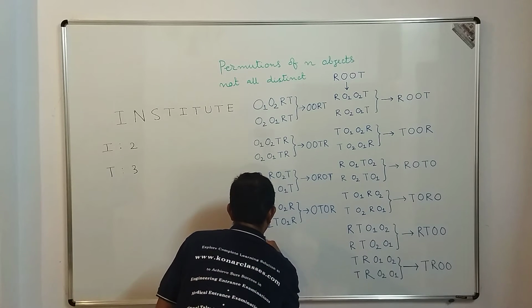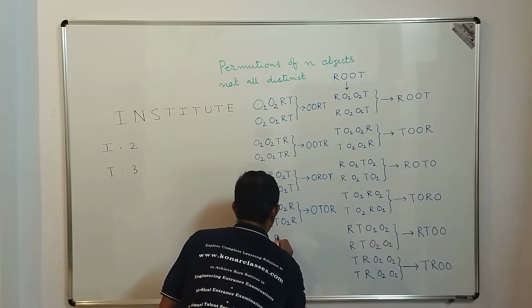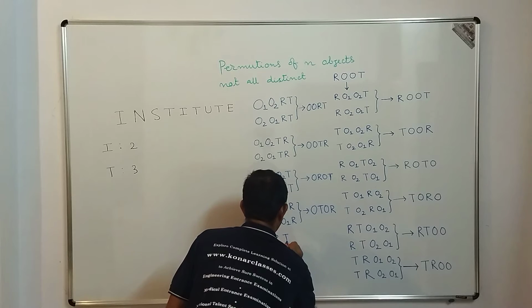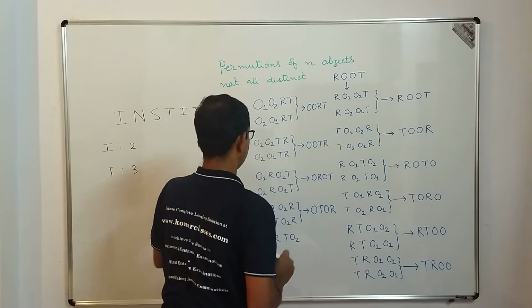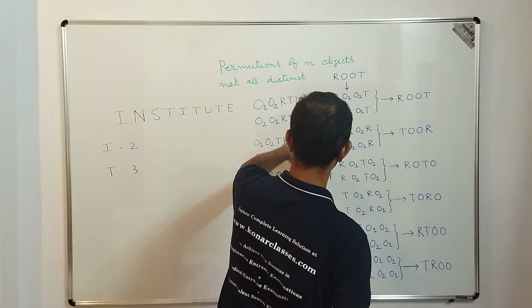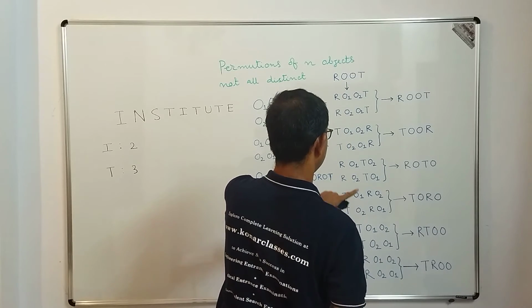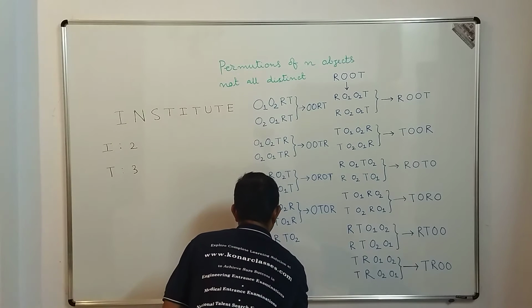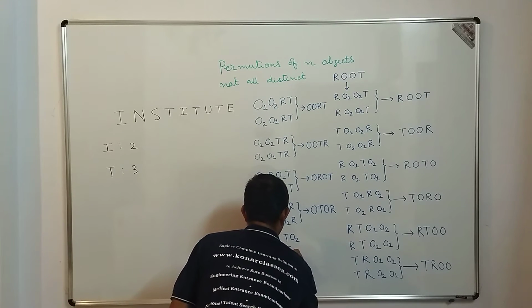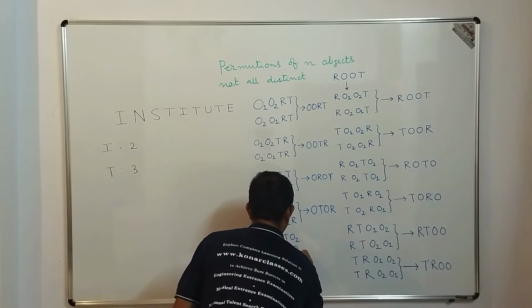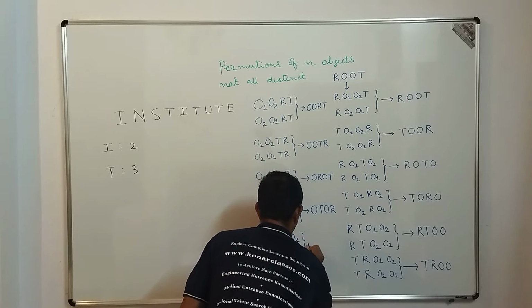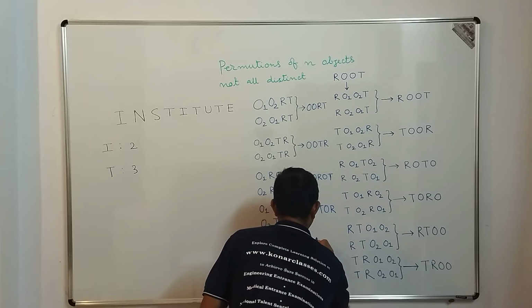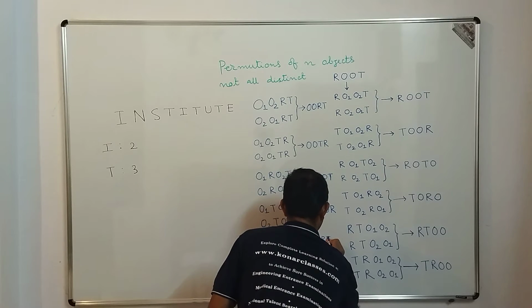So we get O1 R T O2, and O2 R T O1, and these two can be clubbed together and we get ORTO.